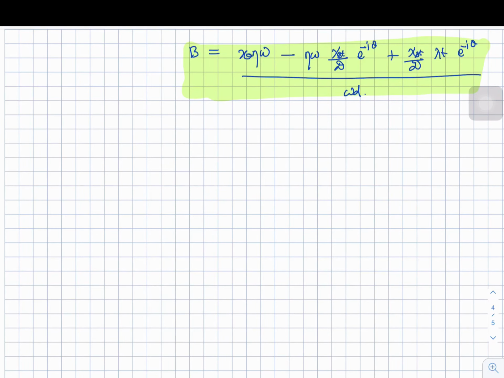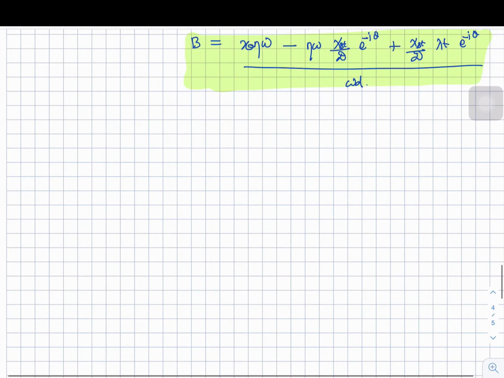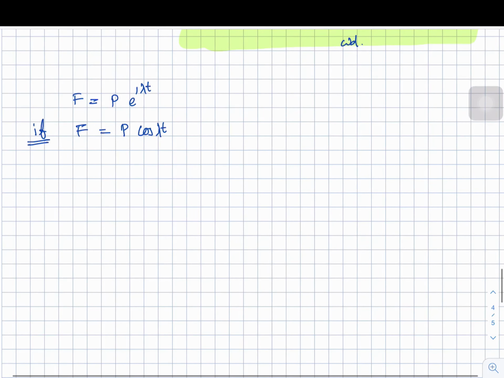Believe me, if we take only the real part of everything, if the force P is equal to only cos lambda t, instead of e power i lambda t, the derivation becomes very simple. You can do it, and you will get the equation, x of t, similar to this one.